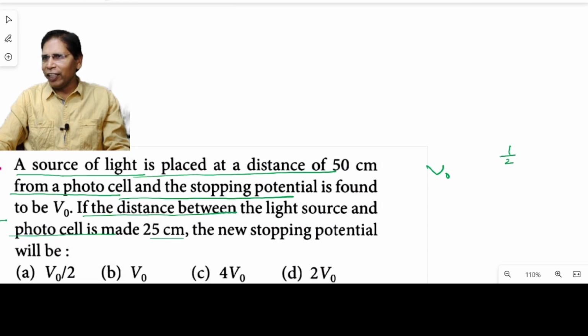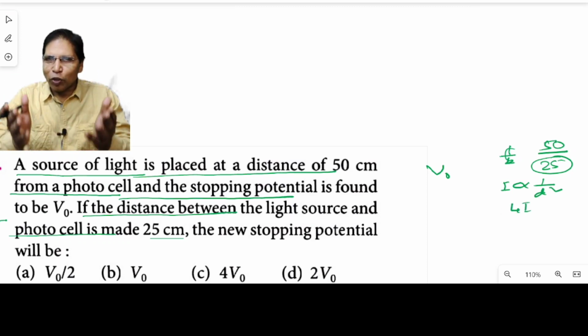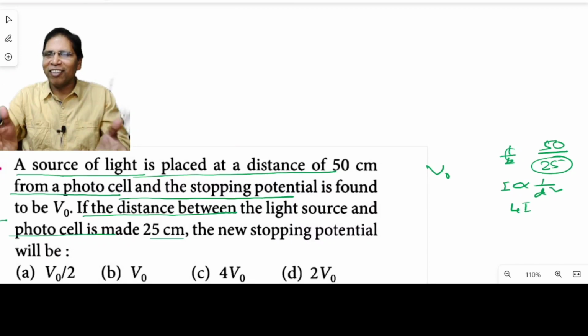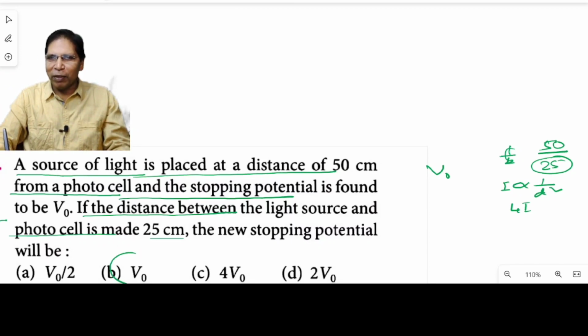The initial distance is 50 centimeter and the final distance is 25 centimeter. If the distance is halved, since intensity I is proportional to 1 by d square, the intensity becomes 4 times. But stopping potential does not depend on intensity of radiation, so the stopping potential remains the same.